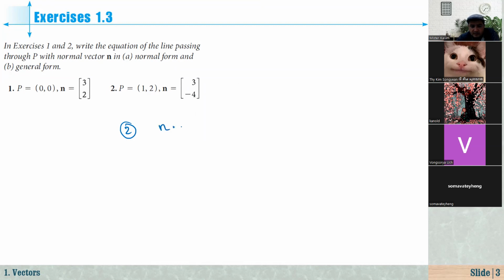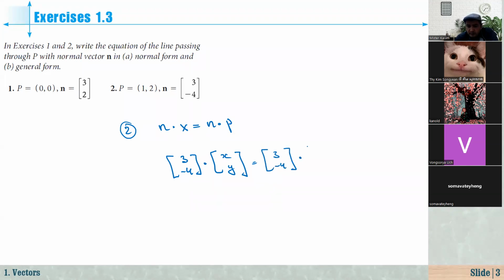That is n dot x is equal to n dot p, where p is any point on the line. So the normal form will be 3, -4 dot x, y equals the normal vector 3, -4 dot p, any point on the line, that is 1 and 2.